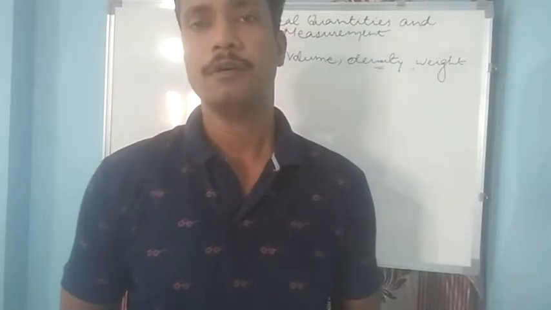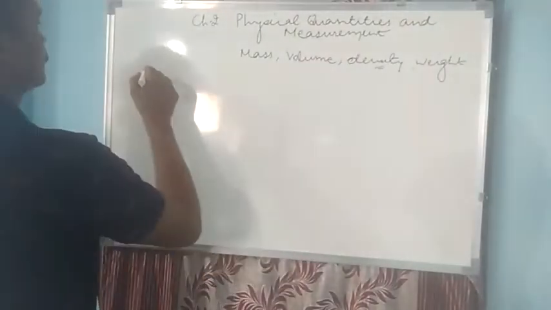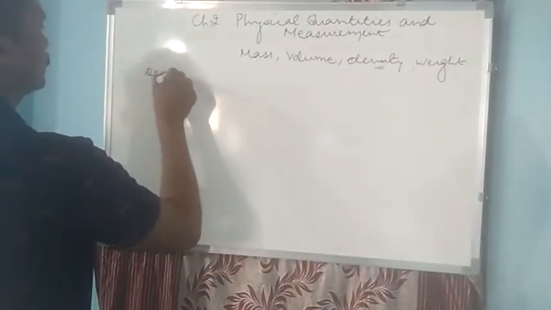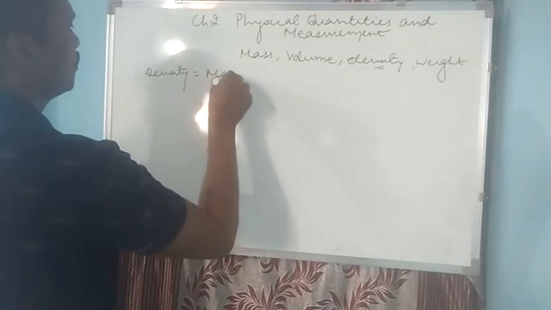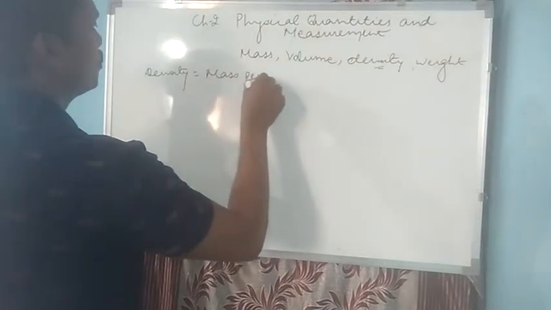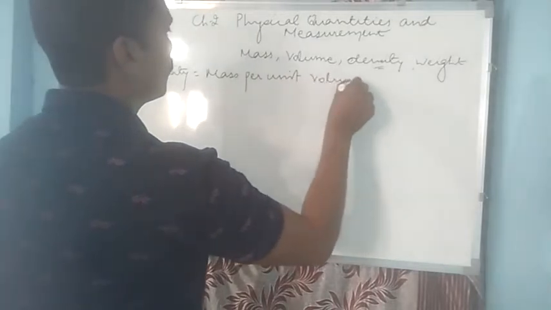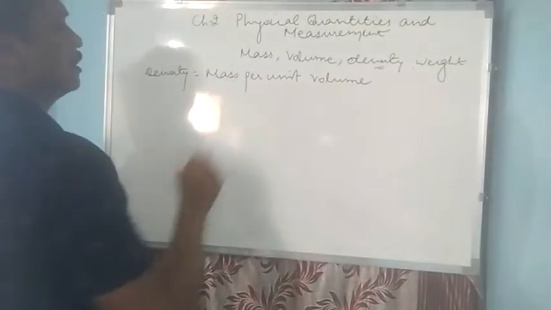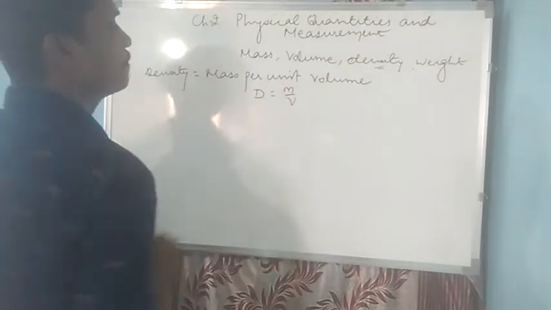So we'll be finding out the density of an object. Let us see. Density is equal to mass per unit volume. In short, we can write D is equal to m upon v.